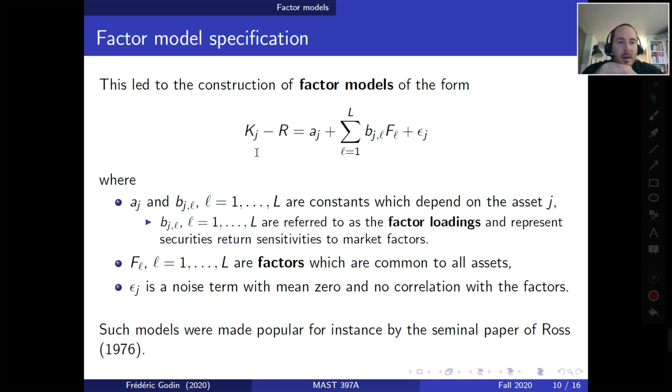Typically J represents the securities, and there are many securities in practice, whereas capital L is the number of factors, and typically in models, the number of factors is somewhat small, let's say 3, 4, 5, or something like that. The idea is that using these models, we assume that the set of returns for all securities are mainly driven by a few common factors.